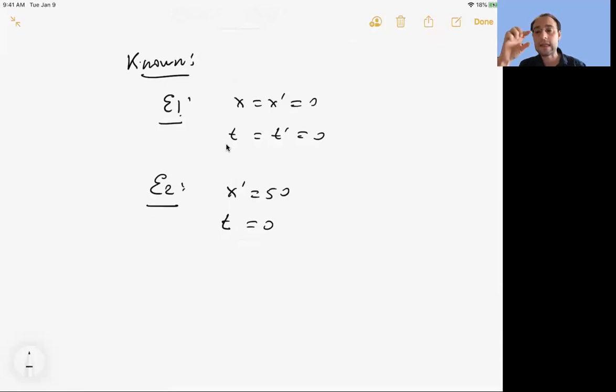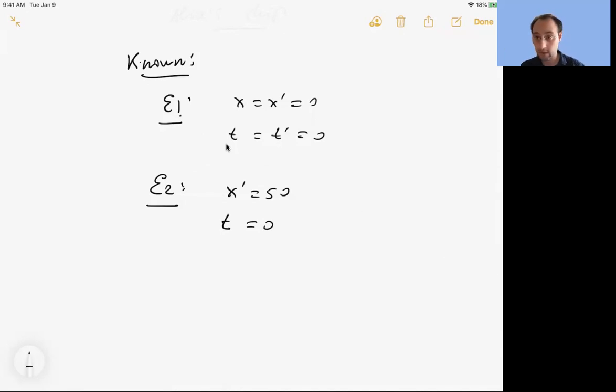So you can use either pair of Lorentz transformations to solve this problem at once. Think of this as solving simultaneous equations. You have two equations, two unknowns. The two equations relate four quantities, x, t, x prime, and t prime. So now you just solve everything at once as simultaneous equations.